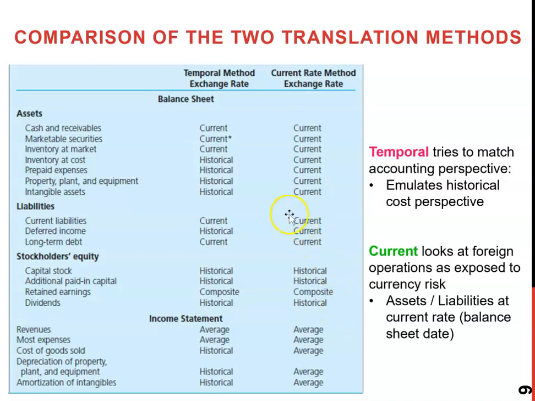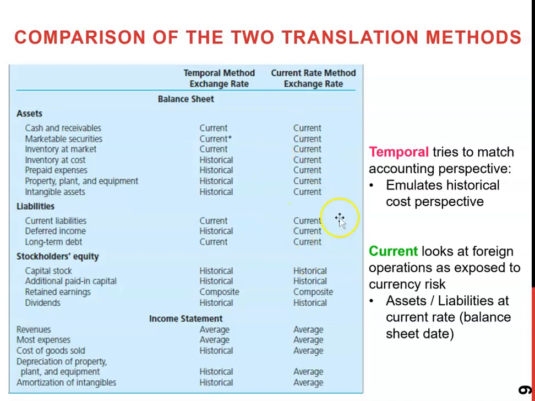Now, if you look at all those conversion exchange rates, although the current rate method shows more current reflections, it will result in more fluctuations, because every year on December 31st, or whenever you close your accounts and prepare your balance sheet and financial statements, you will have different exchange rates.